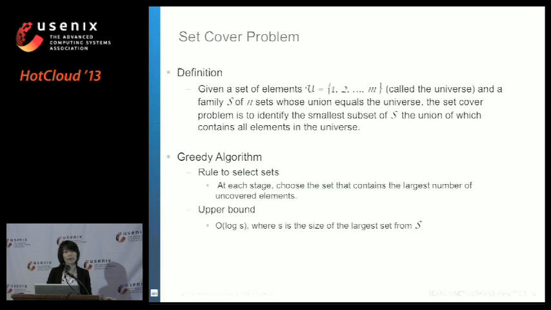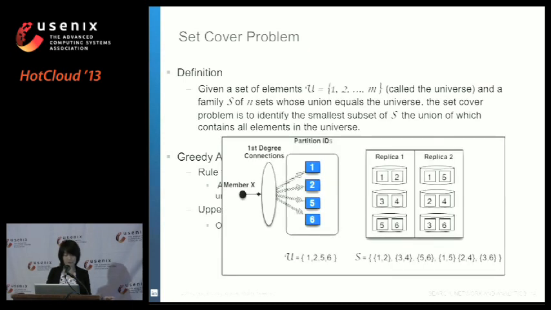The greedy algorithm takes this universe and intersects it with every single element in the set family, and always finds the one that offers the biggest coverage. Again, using this example, the greedy set cover algorithm would take the input partition set and intersect it with every single GraphDB node in the cluster, find the one that offers the biggest coverage, and remove the intersection from the input set. It will continue this for a couple of iterations until every single partition ID is removed. Then the GraphDB nodes selected along the way become the final result set.